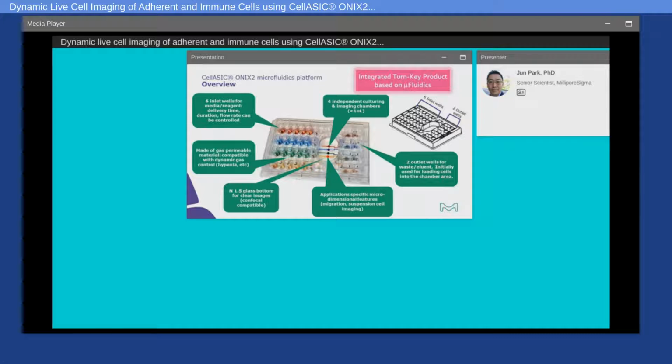And the bottom of the plate is made of N1.5 glass for clear imaging, including confocal applications. Last thing I would like to mention is that since these are microfluidics plate, we can also introduce specific micro-dimensional features targeting certain applications, such as imaging of suspension cells, or maintenance of chemotactic gradient.